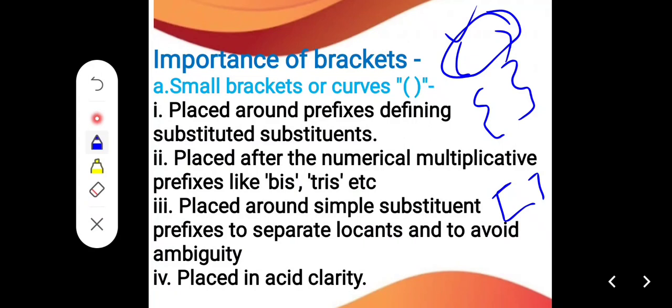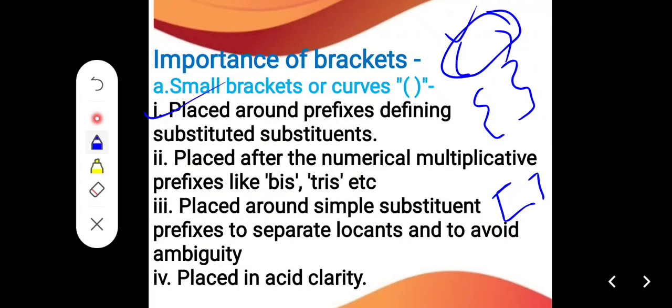They are placed around prefixes defining a substituted substituent. If some substituents are present, to denote the prefixes at the position where substituted substituents are present, we use small brackets or curves. Next, they are placed after the numerical multiplicative prefixes like bis. After bis we can use small brackets.